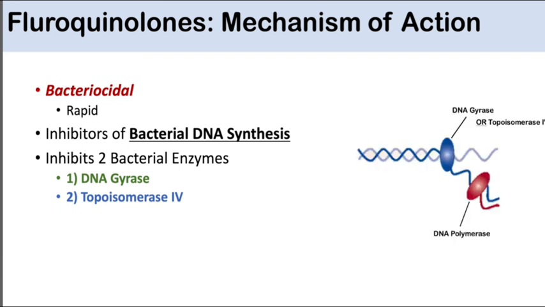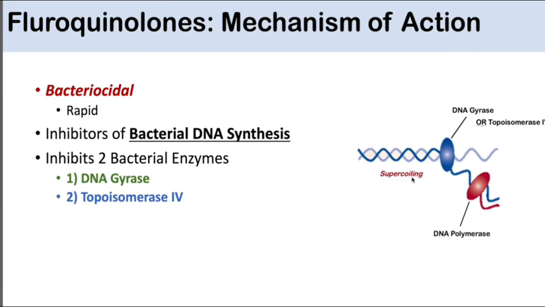What happens in bacterial DNA synthesis is that the bacterial DNA becomes unraveled to allow a DNA polymerase to make a copy of the corresponding DNA strand. And in the process of unraveling, the DNA can become tightly coiled in a process known as supercoiling.